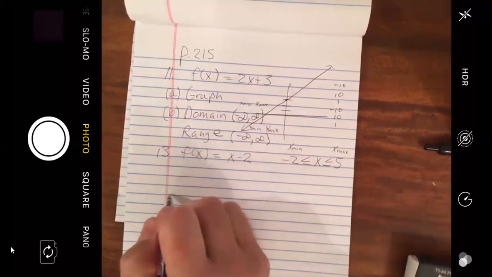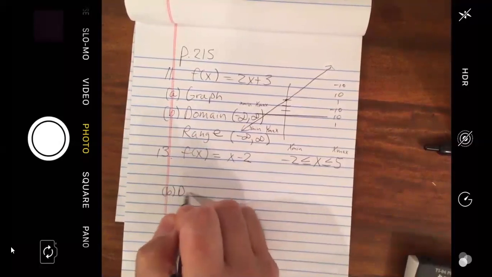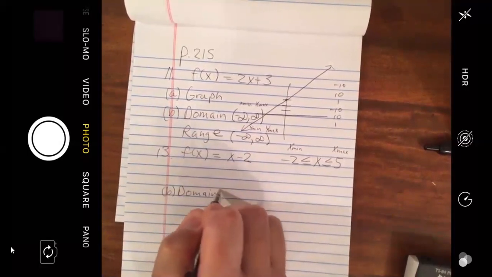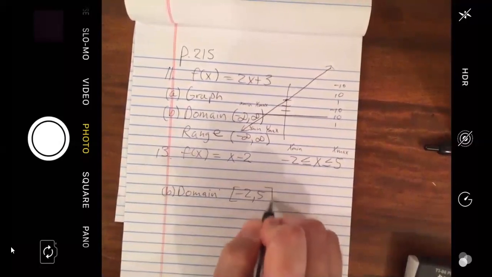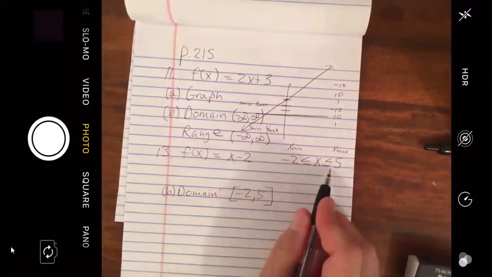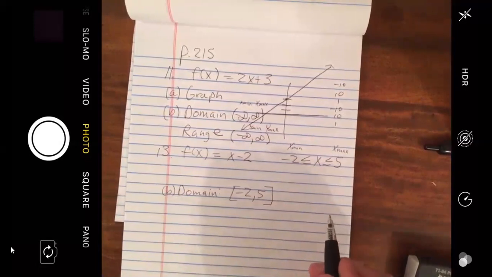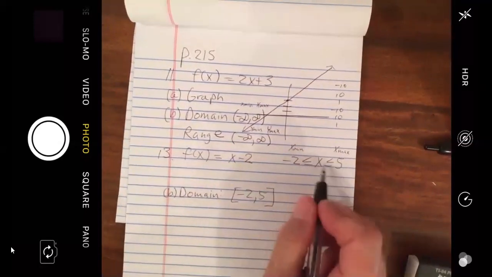So I'll draw the graph here in a minute, but in part B, its domain couldn't be simpler. Negative 2, 5. And again with brackets because you've got or equal to's. Questions about that? Nope. They're just flat out giving you the domain.